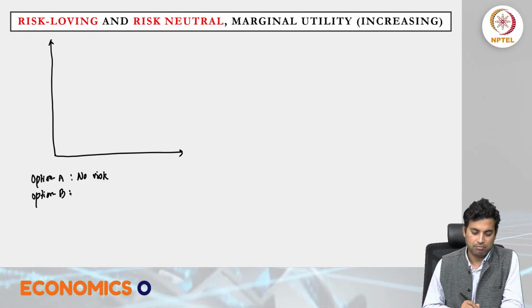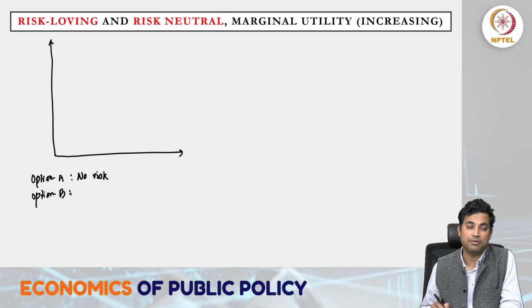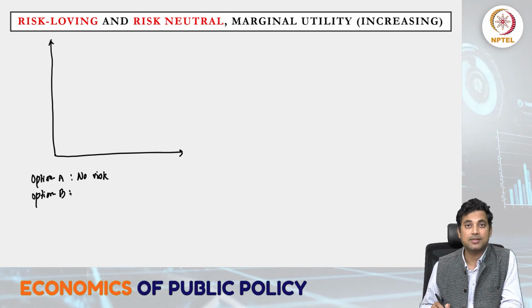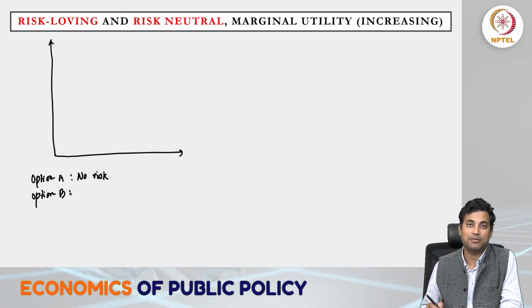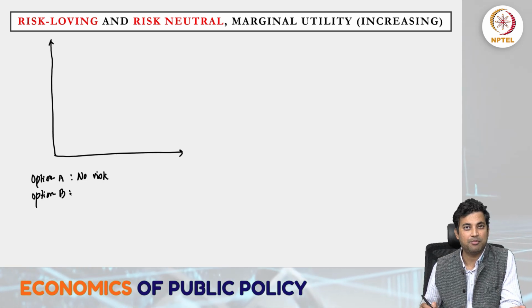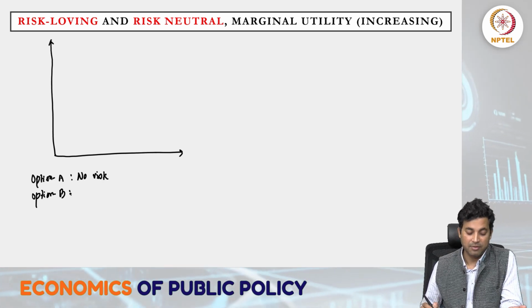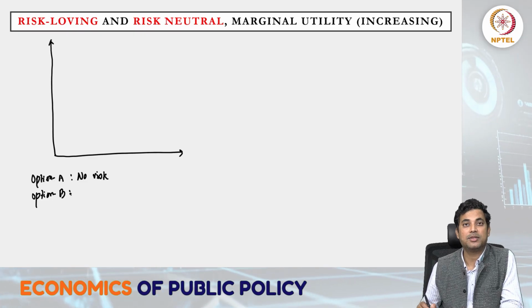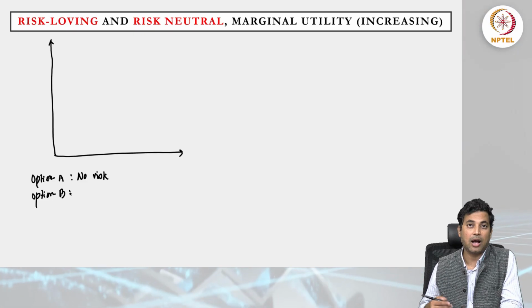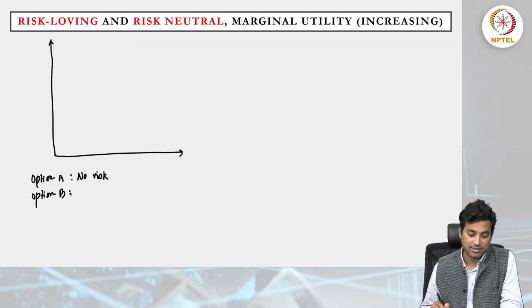And option B, in this context, is a mutual fund or investment in the stock market, which is full of risk. Either you can earn a higher return, but with a certain probability, because even mutual funds have terms and conditions which say that the outcome is subject to market risk.